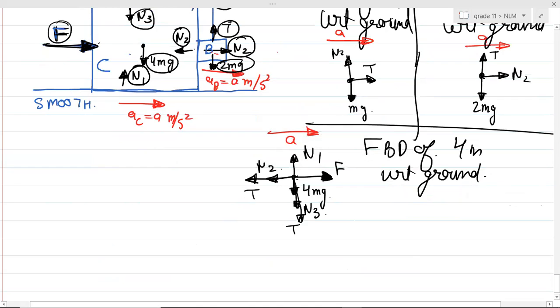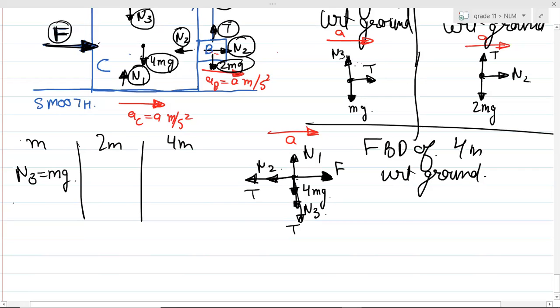Can you make the equations, guys? Yes, sir. Can you make the equations now? Can you see N3 is equal to mg and T is equal to m into a? Yes or no? N3 is equal to mg and T equals to ma.